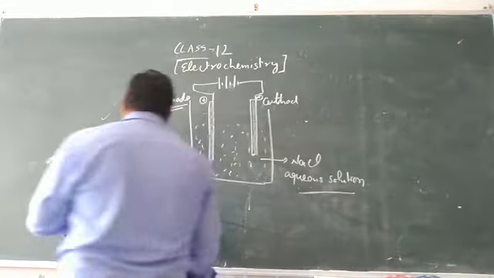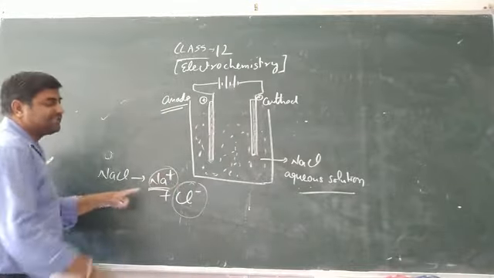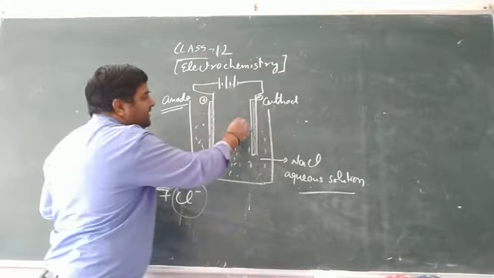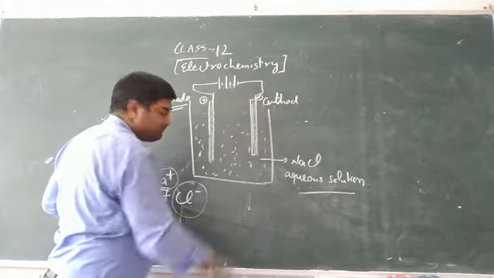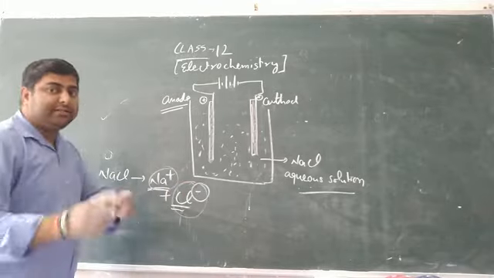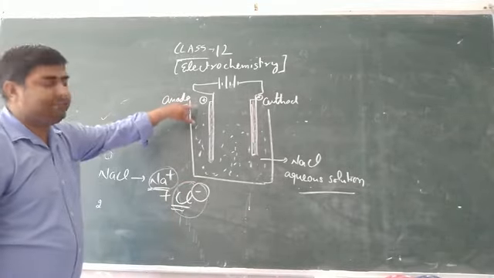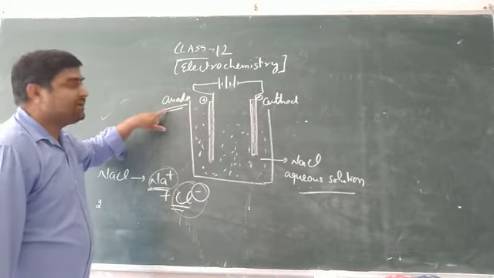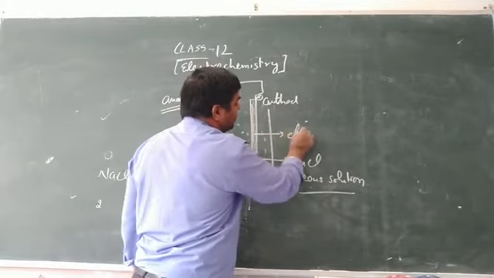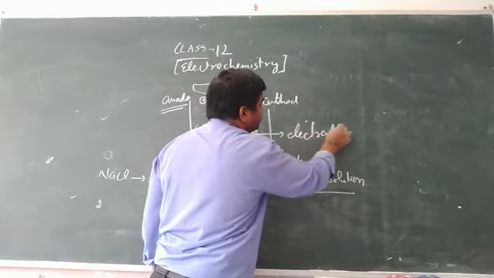The sodium ions, which carry positive charge, get drifted towards the negative cathode, whereas chloride ions, which carry negative charge, get drifted towards the positive electrode, that means towards anode. This is called electrolysis.